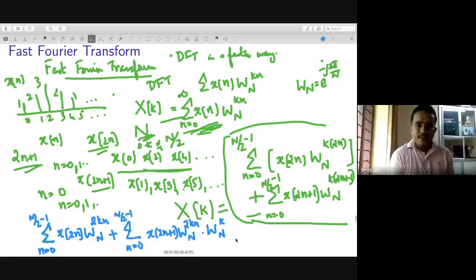So this you can write as, okay, if you consider this as a Z transform, instead of W you have Z, you have x(2n) z raised to minus 2n, right? So that you can write basically as sigma.